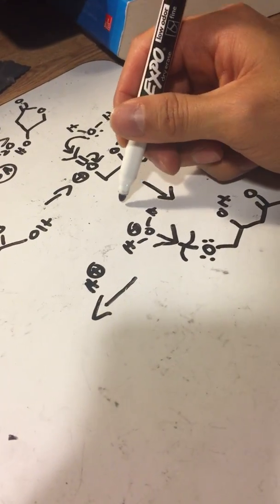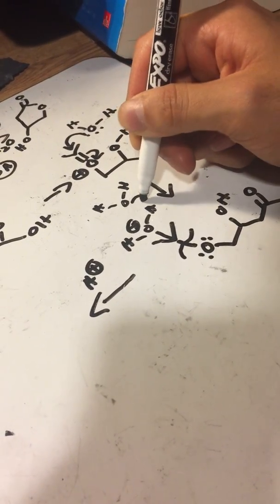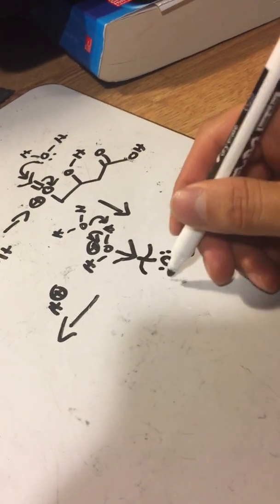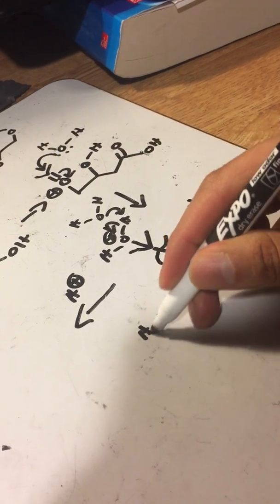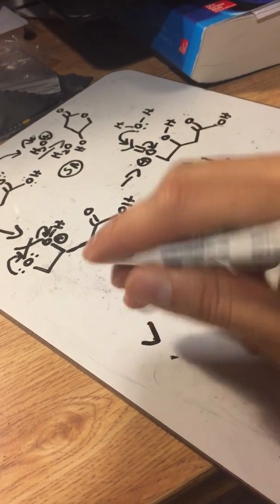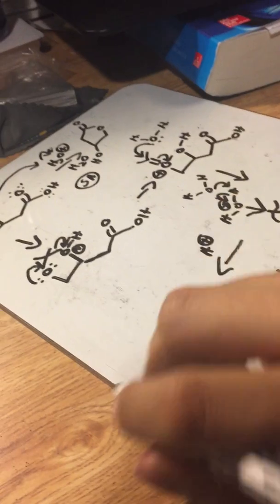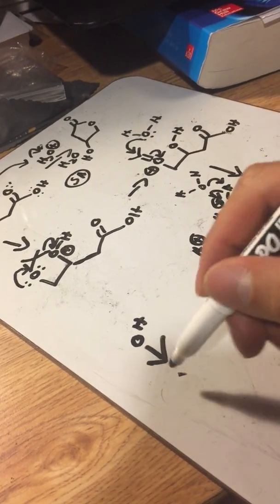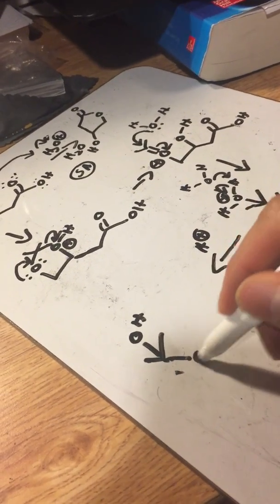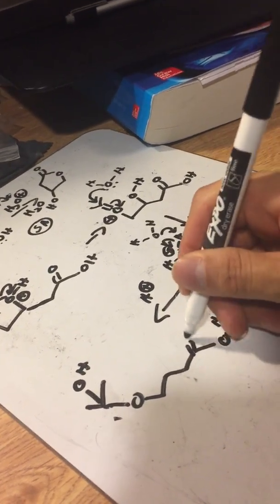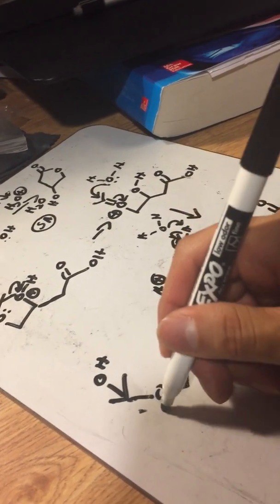So I deprotonated with water to take care of that positive charge on the OH, and then I used my acid to protonate my oxygen, giving me... okay.